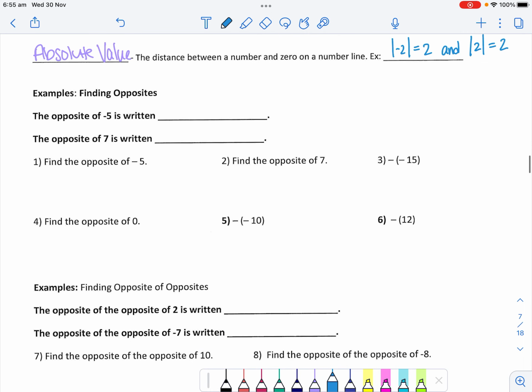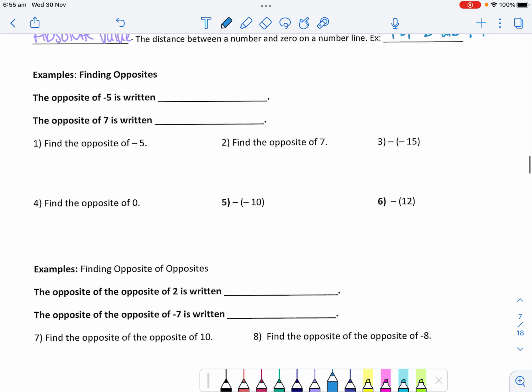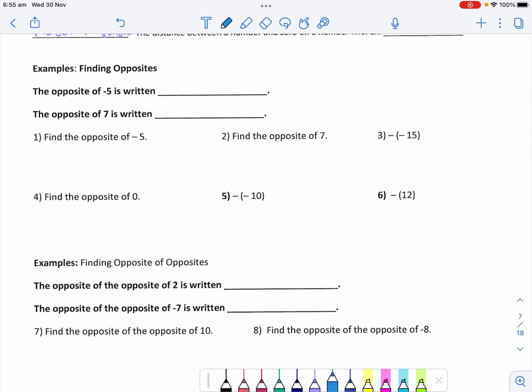Now, in the start of our examples here, we're going to talk about opposites mainly. So this says, finding opposites. The opposite of -5 is written blank. So when you see the word opposite, I want you to think of the word opposite as a negative symbol. Because when I say the opposite of +5, that's -5. I'm adding a negative symbol to my number.